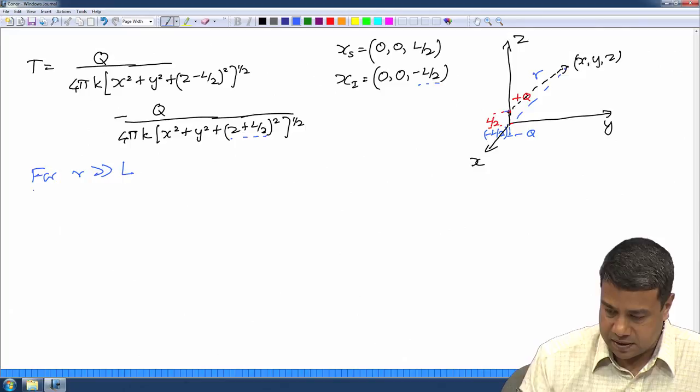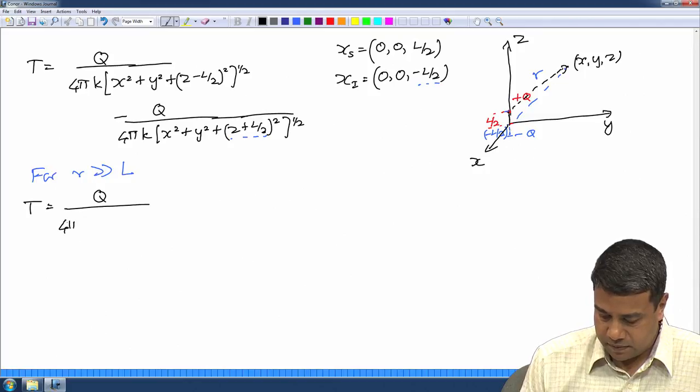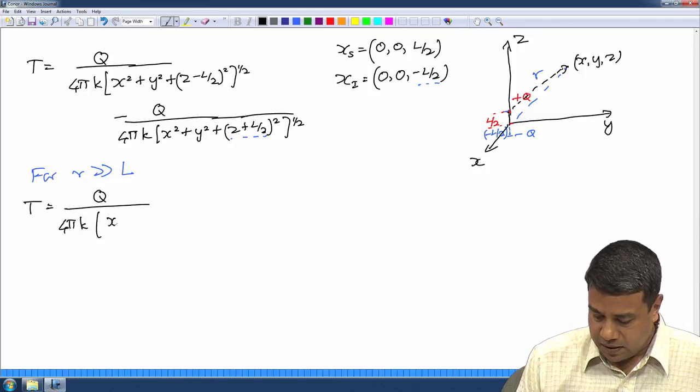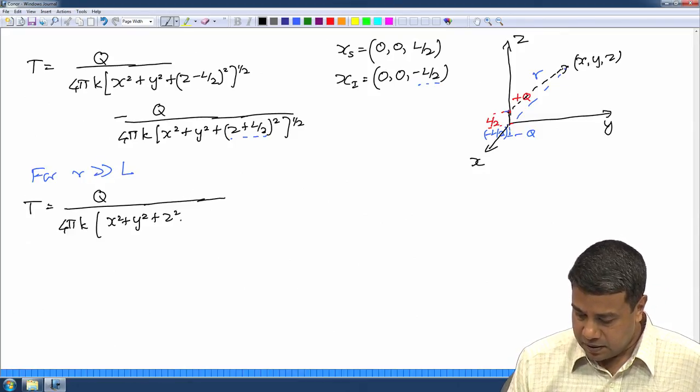I can write this as x square plus y square plus z square minus zL plus L square by 4, whole to the half.